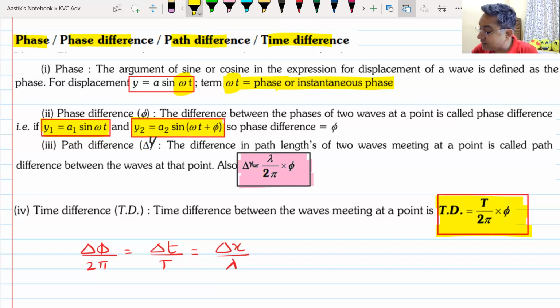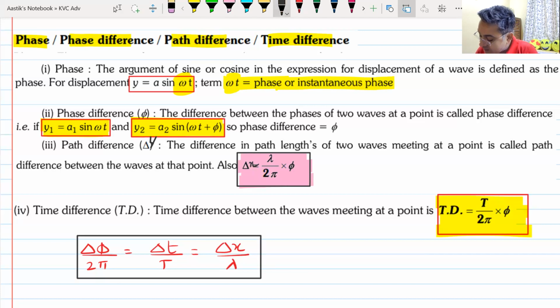I told you in the very first class on waves that phase difference delta phi divided by 2 pi is equal to time difference delta t divided by the time period, and that will be equal to the path difference delta x divided by lambda. This is the last time we are seeing this. Please note it down very, very carefully.